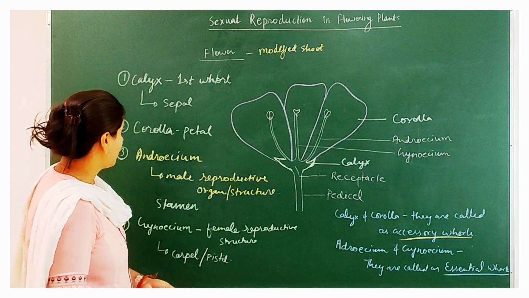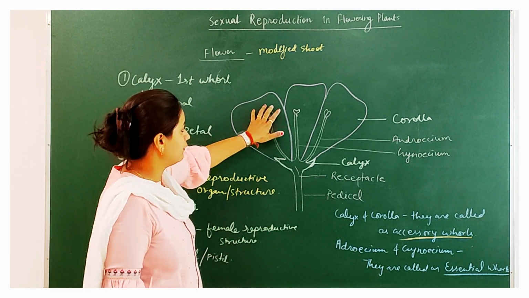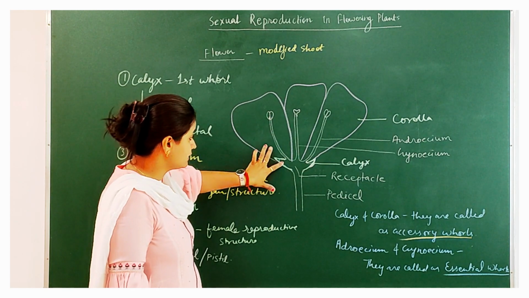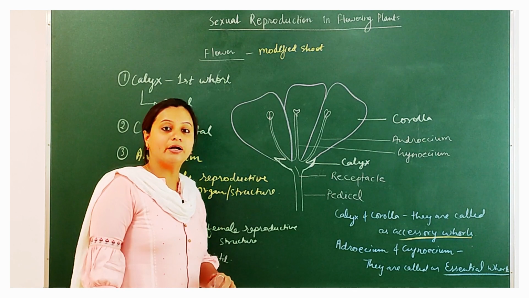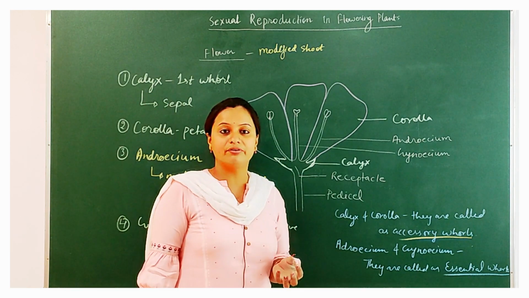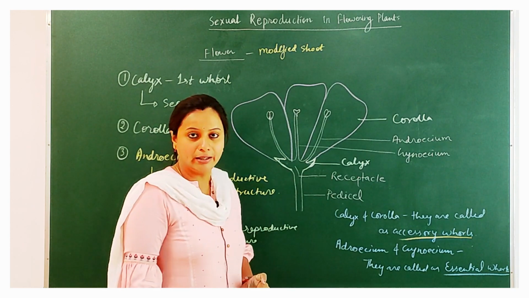Okay. Now, one more important thing we should know. In some flowers, the petal and sepal part, or we can say the calyx and corolla, are not differentiated. It means if we see the structure of the flower, we are not able to understand which is calyx and which is corolla.